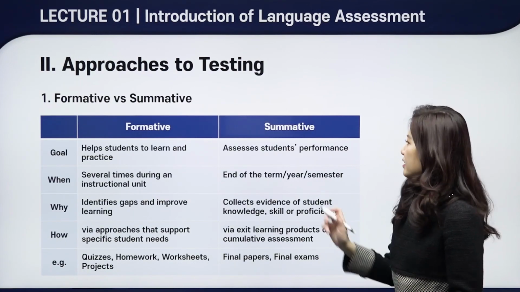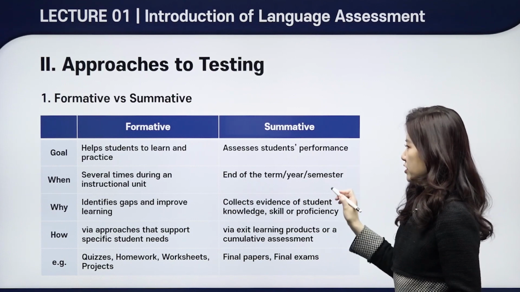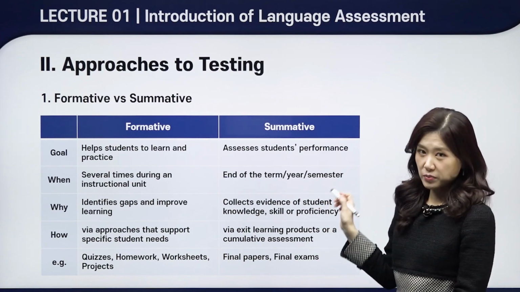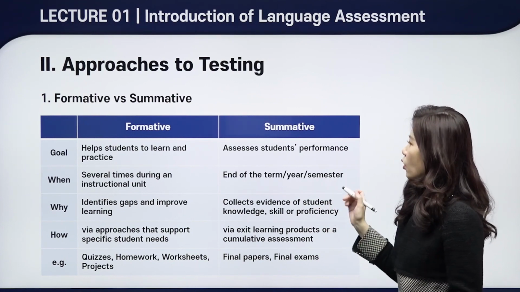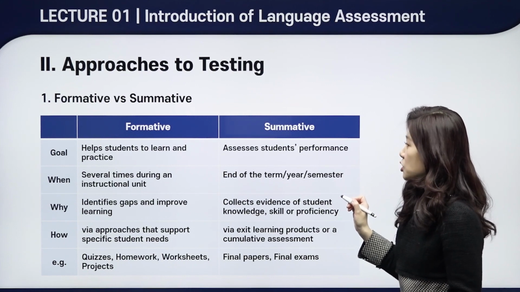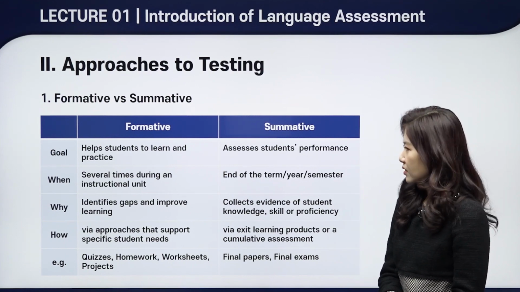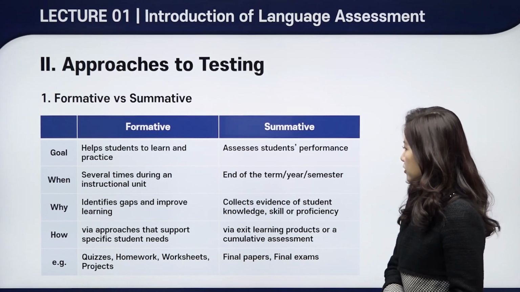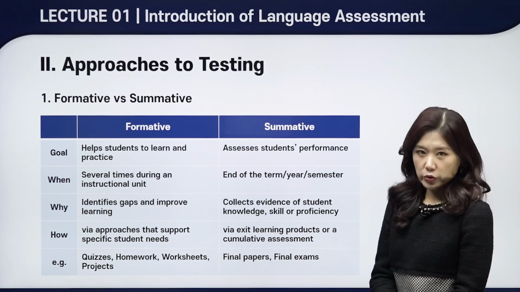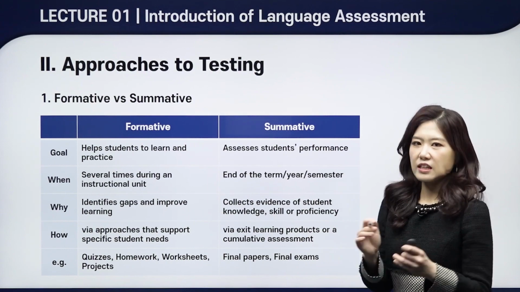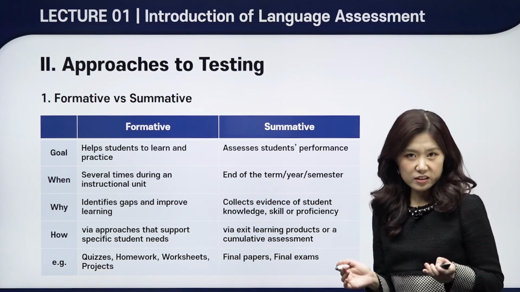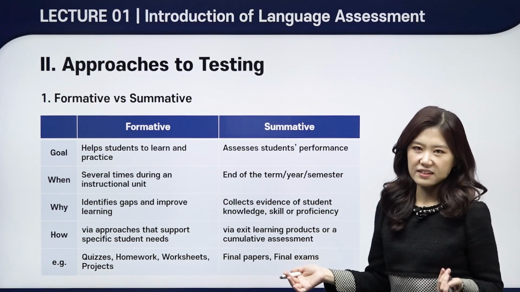Okay, so let's compare these 2 types first, formative versus summative. The goal of a formative test is to help students to learn and practice. It's given several times during an instructional unit, so there can be, let's say, 3 formative tests or even 10 formative tests.